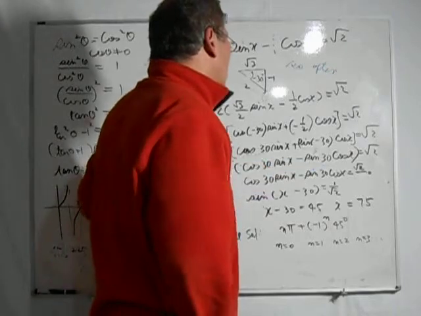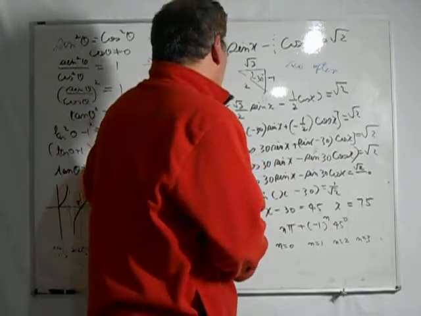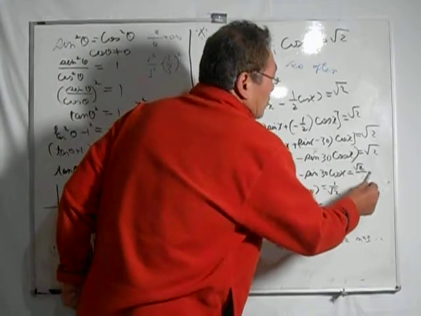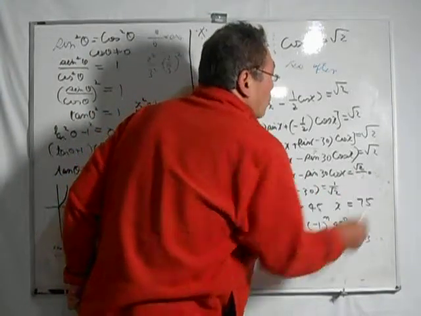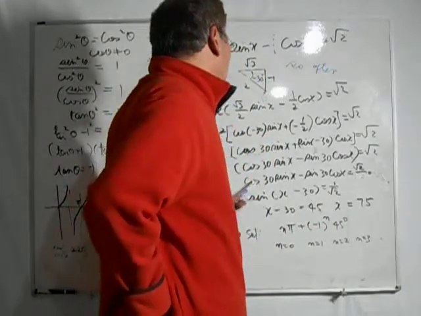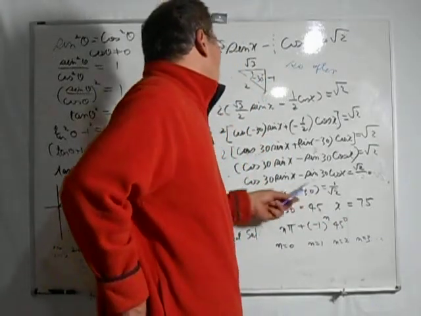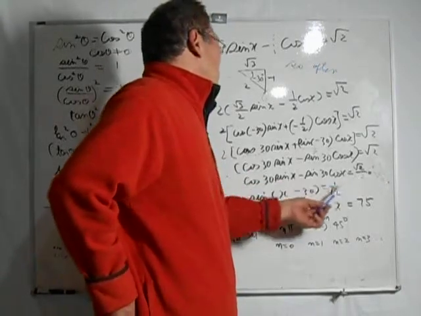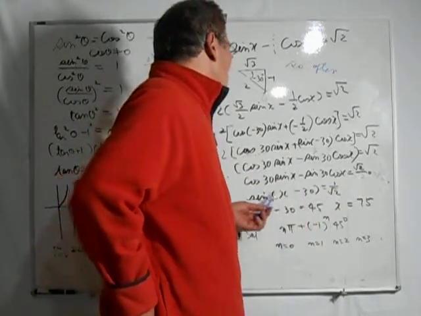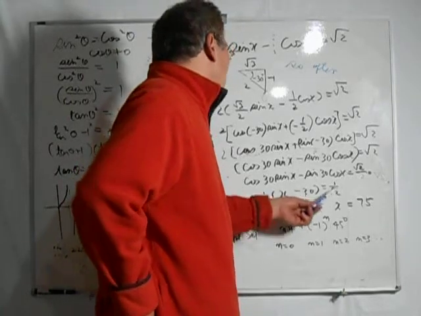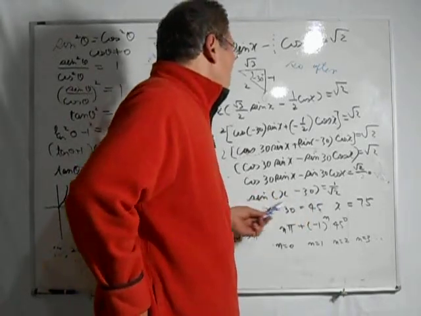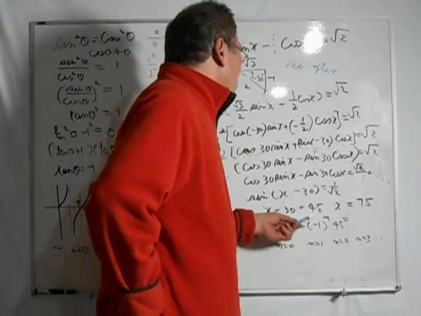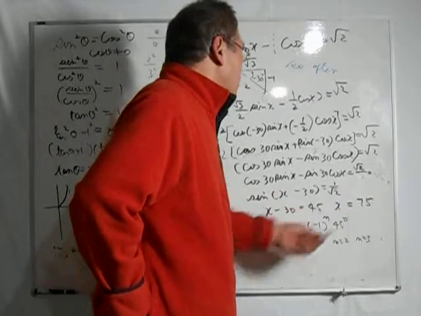So 2 root 2, that root 2 over 2 is the same as 1 over root 2. Then this one is the simplified form, sine x minus 30 degree, right? Equal to 1 over root 2. So this angle should be 45. Sine of this angle is 1 over root 2. So this one should be 45 degrees. So x is 75. Okay?